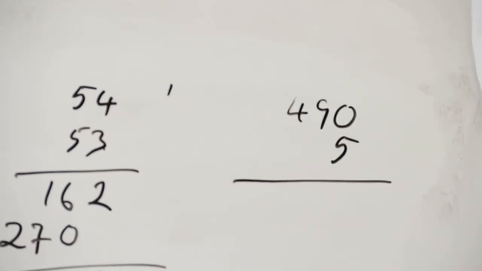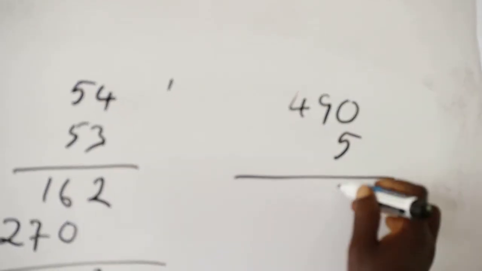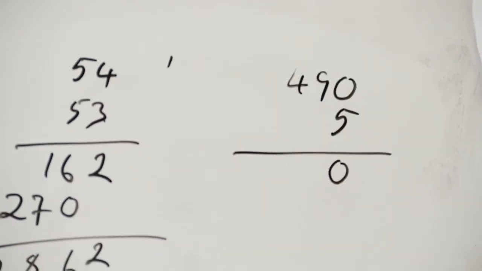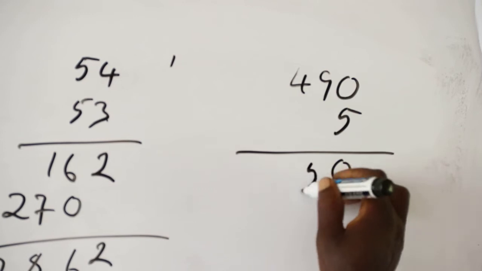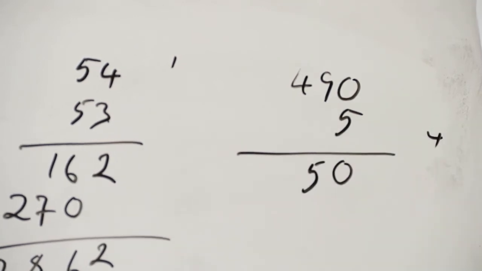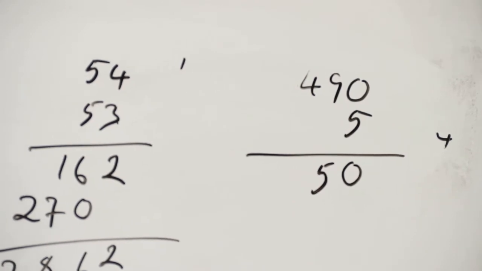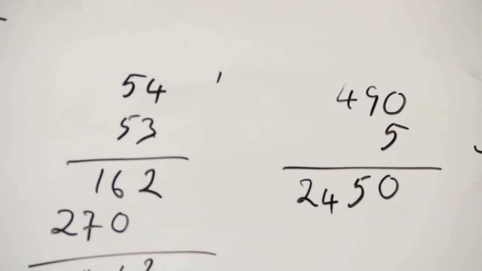This is primary arithmetic. So we have 0, 5 times 9 is 45, we have 5, carry 4. 5 times 4, we have 20 plus 4, we have 24.